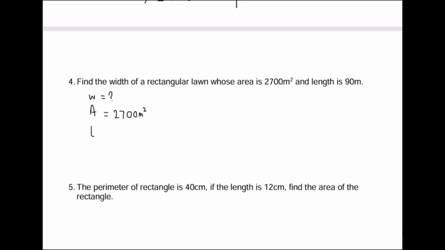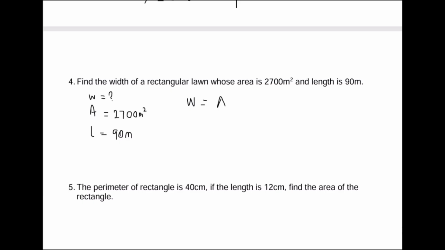So you need to list what you have. Length 90 meters. Oh, sorry, I wrote centimeters. That should be meters. That's 90 meters. So let me quickly write this well. We are looking for the width.